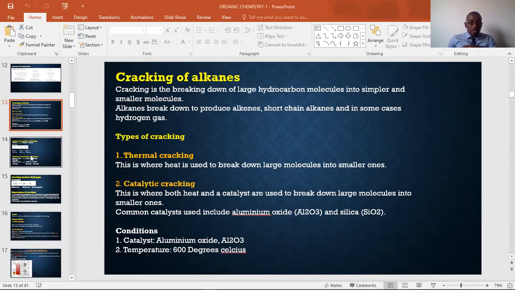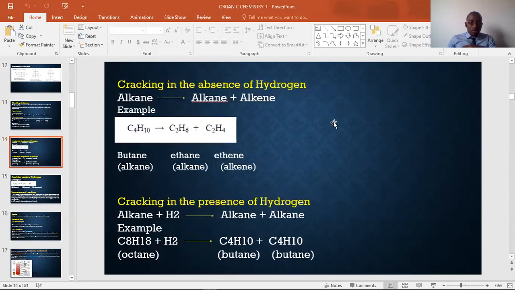Under cracking, we're going to look at cracking in the absence of hydrogen and cracking in the presence of hydrogen.